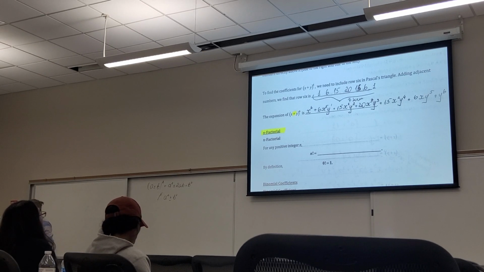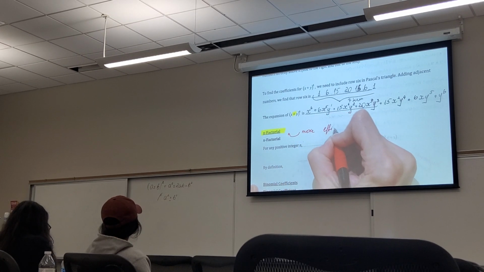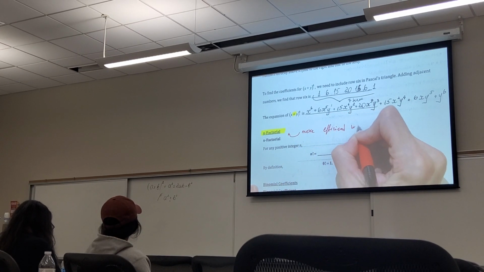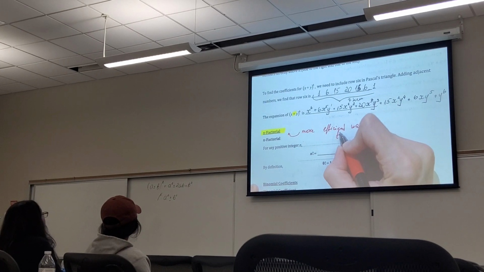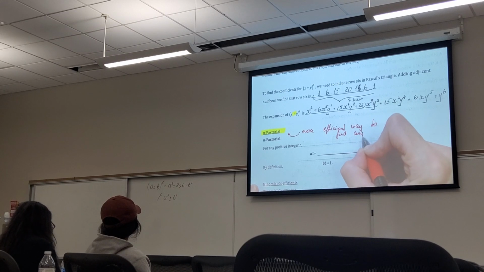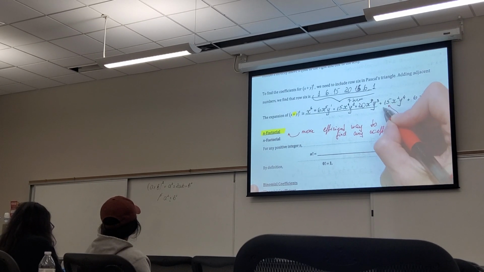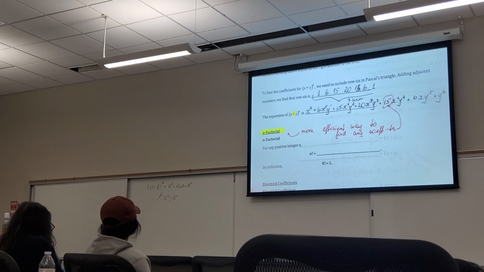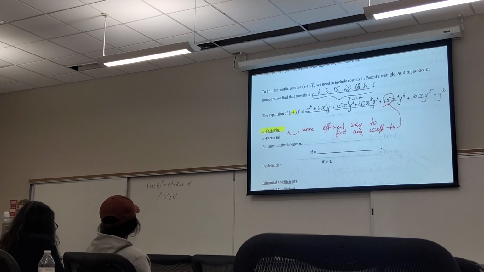So this is a more efficient way to find these coefficients, to find any coefficients. And coefficients are these values in front of each term, correct? So let's talk about this factorial. What is the factorial?